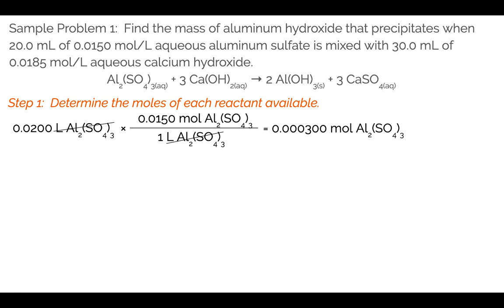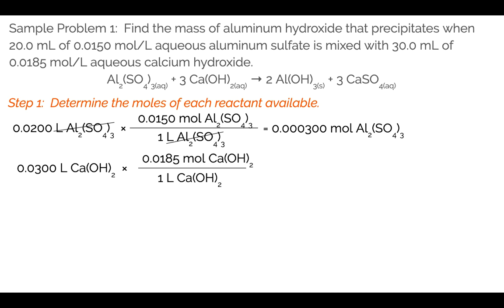Then we do that same calculation for calcium hydroxide, 0.0300 liters times the concentration, 0.0185. So this tells us that we have 0.000555 moles of calcium hydroxide in the reaction. So that's what we start with.